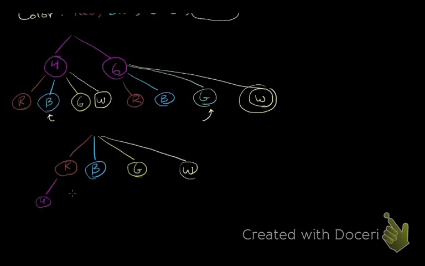So it's either going to be 4 or 6, for each one. This would be another way of drawing a tree diagram to represent all of the outcomes.